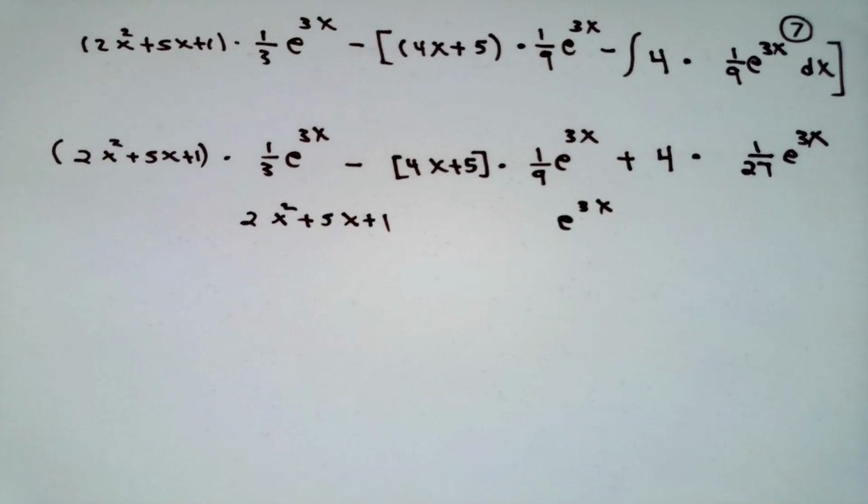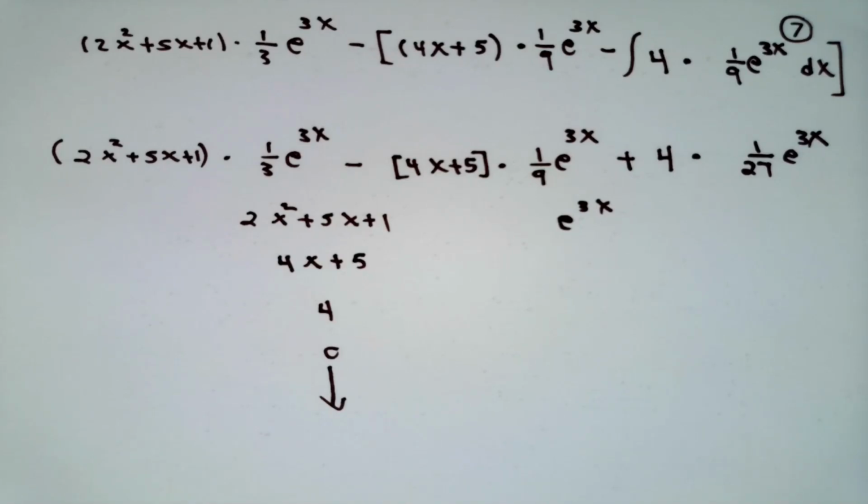I'm going to write down the polynomial, and I'm going to write down the e to the 3x. What I'll do is I'll take derivatives of the polynomial one after the other until they all start coming up 0. So 2x squared plus 5x plus 1, the derivative is 4x plus 5.